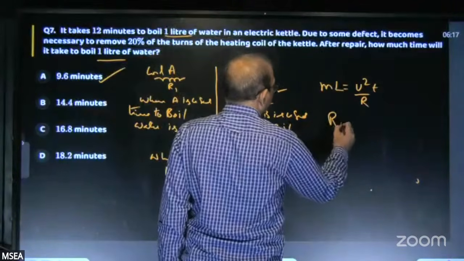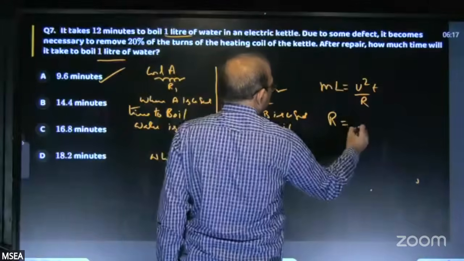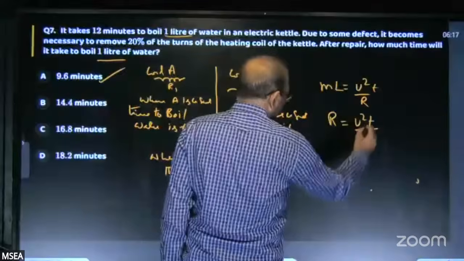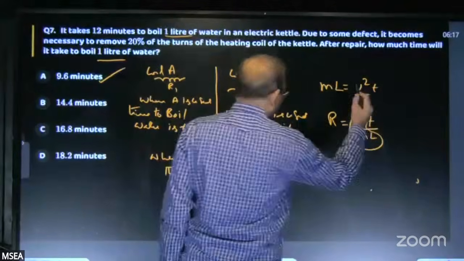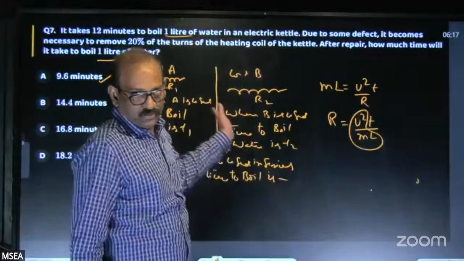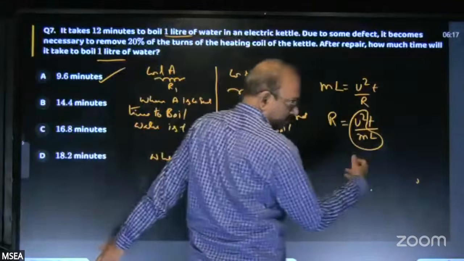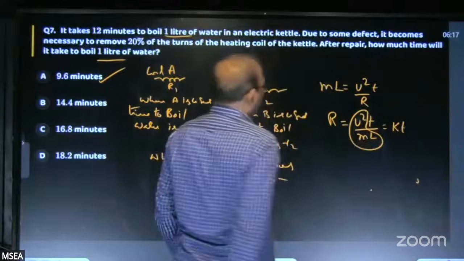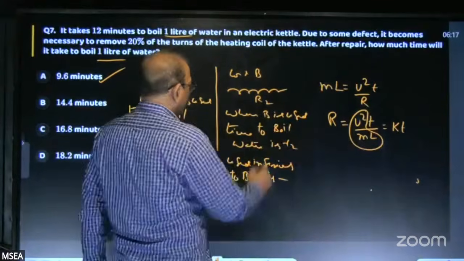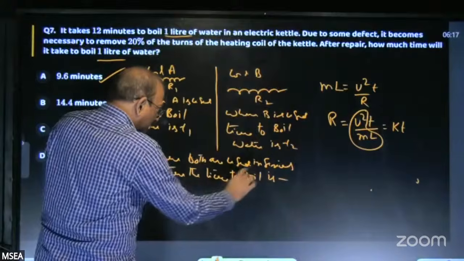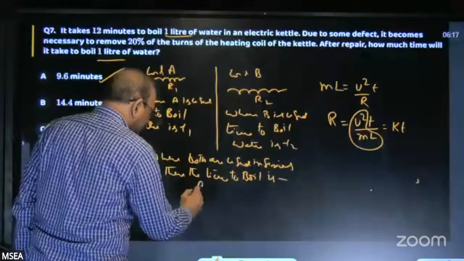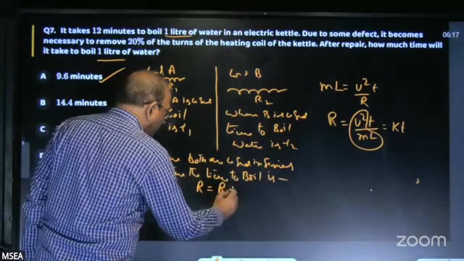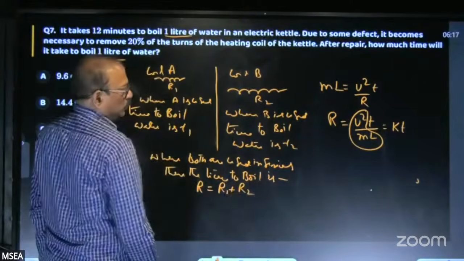What I am doing is writing the R formula from this: R equals V square T by mL. This V square by mL whole thing is a constant in all the cases. So I'm writing some K. R is KT, I'm writing. Now, when both the coils are used in series, what is their effective resistance? R1 plus R2.